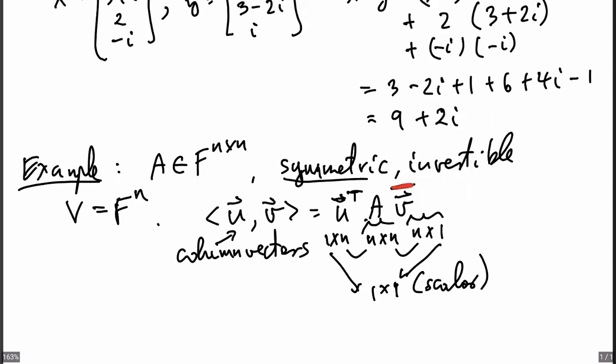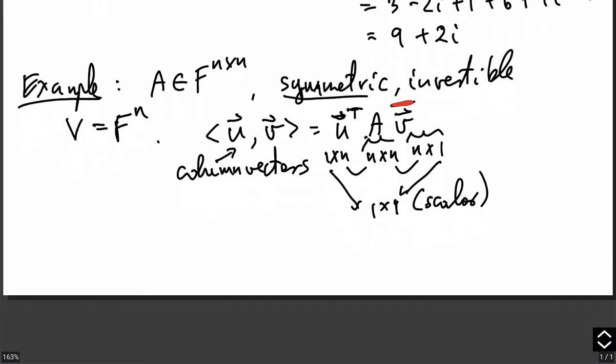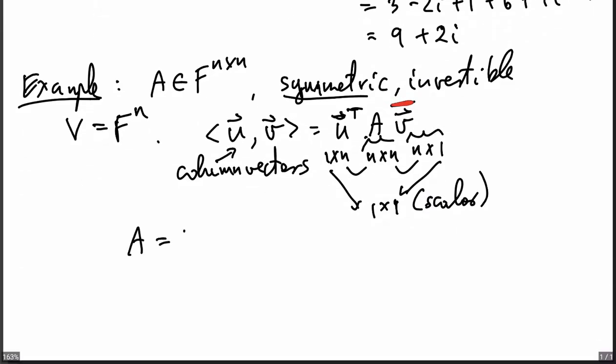Also note that if we choose A equal to I, a special case, you can check that the n by n identity matrix is symmetric, and also it's invertible. Its inverse is actually its own matrix.